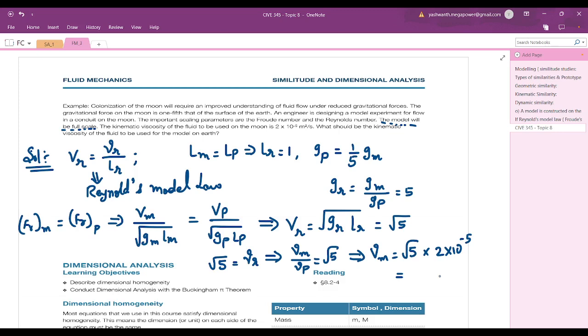Root 5 times 2 times 10 to the power of negative 5 is 4.47214 times 10 to the power of negative 5. Okay, leave it, you don't have to do it all the way. Is this the answer for this question? Yes, that's it.